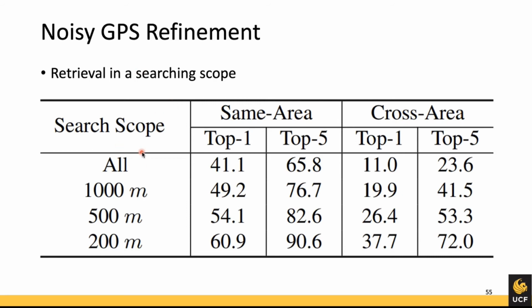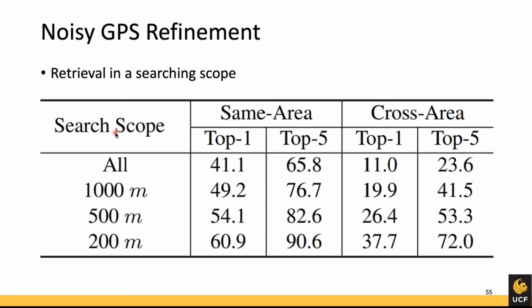So let's say you have a noisy GPS, and you use that noisy GPS as the center, right? Instead of using the whole reference database to do the search, you use that noisy GPS as a center and take maybe 1,000 meters as the search radius to gather the area of images.